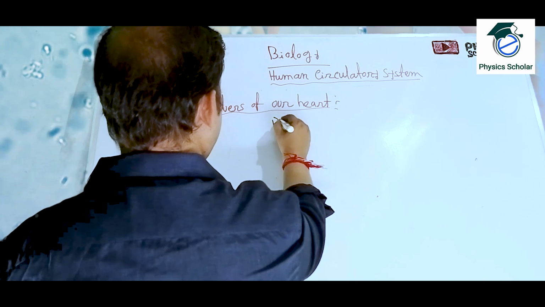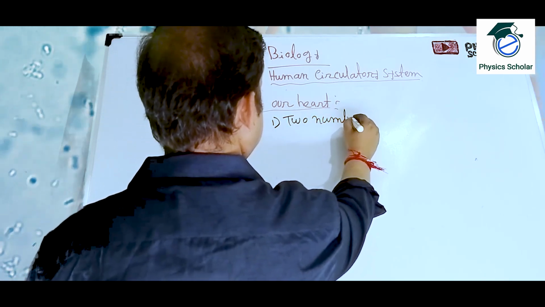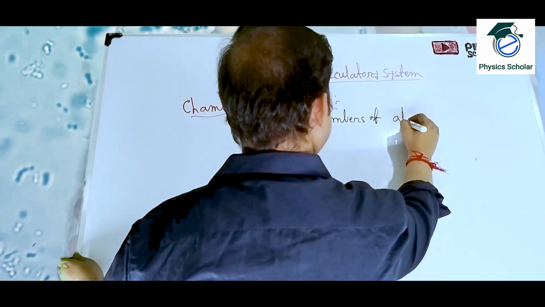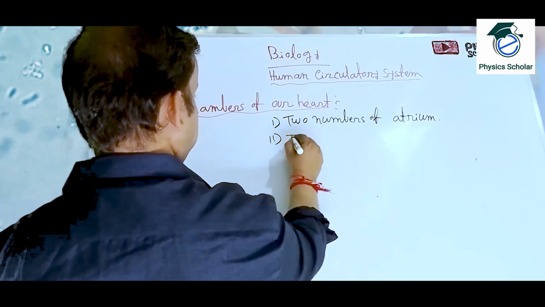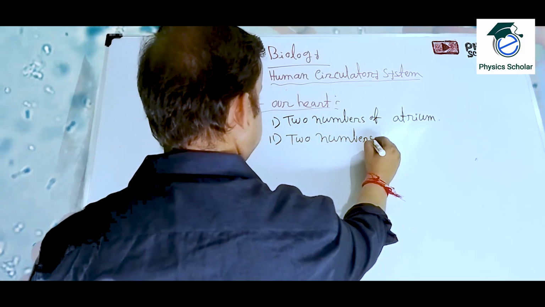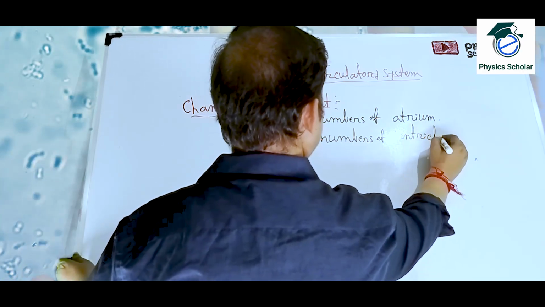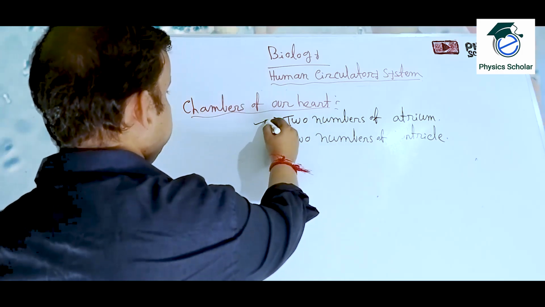The 2 numbers of atrium and 2 numbers of ventricle. So 2 numbers of atriums and 2 numbers of ventricles.